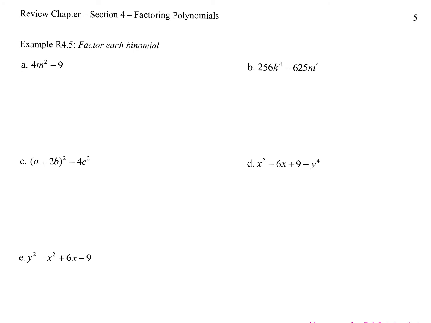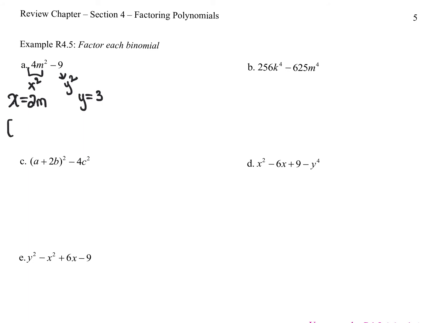Okay, let's do the squares ones first. The dead giveaway in letter A that it's a difference of squares is that there's only two terms, they're both perfect squares, and there's a difference, a minus in the middle. So this is my x squared, and this one right here is my y squared. So we're going to square root again. X equals the square root of 4, which is 2m, and y is going to equal the square root of 9, which is 3.